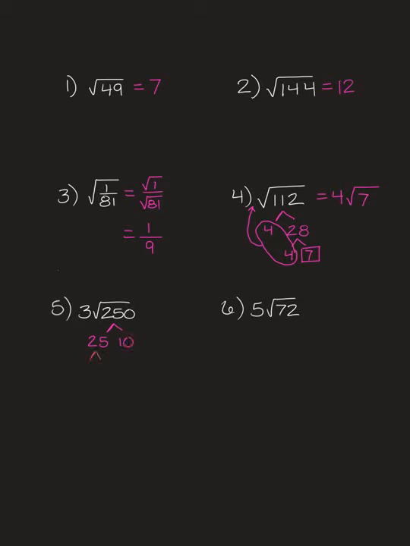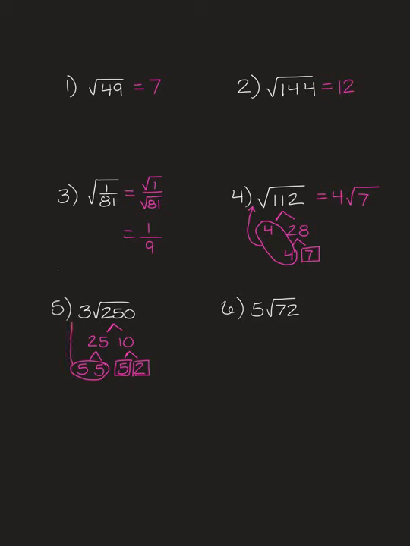I can break down 25 into 5 and 5, and 10 into 5 and 2. I'm looking for pairs. I have one pair of 5s. Now this 5 is all by itself and this 2 is all by itself. So I put those in boxes because they stay inside of the radical.